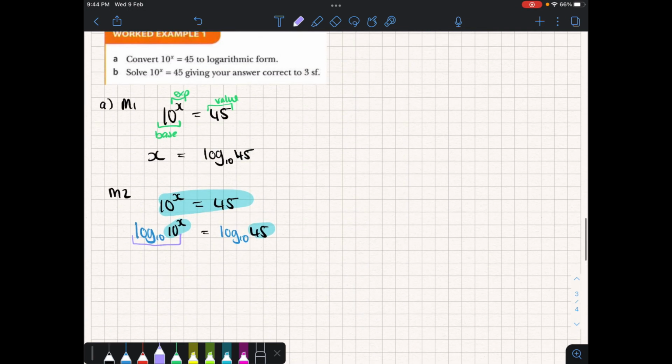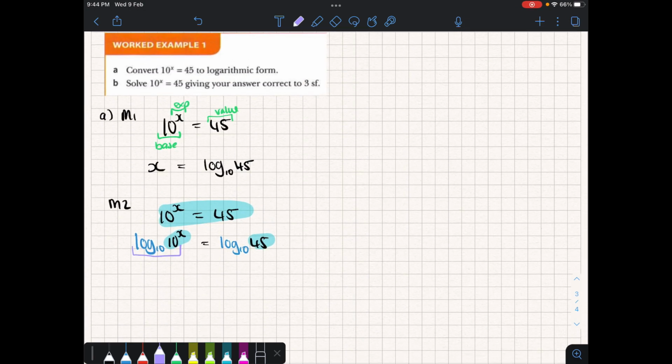So in our case, the left-hand side can be simplified into x, and on the other side we have log 10 of 45. Same as method 1, except we took logs on both sides in the second method. Same answer, just a different way of getting to it.